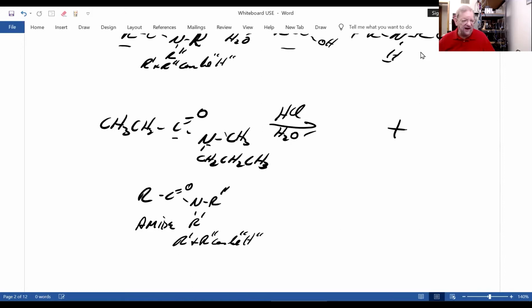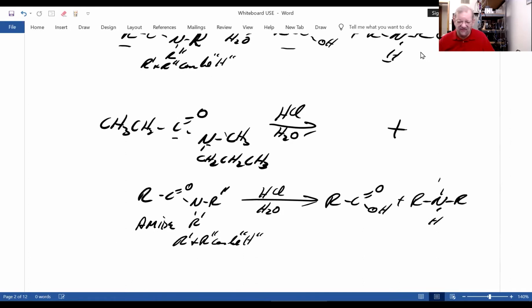In this case, they're not. And what happens when you react an amide with acid, HCl, and water? You get the carboxylic acid you would have used to make that amide, plus the amine salt of the amine you would have used to make that amide.